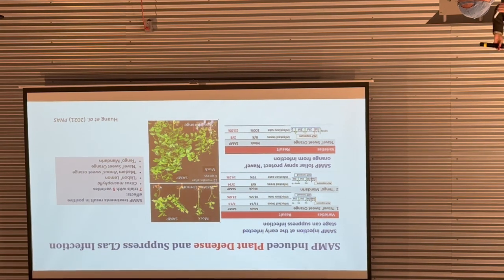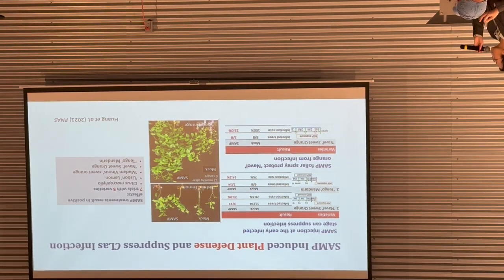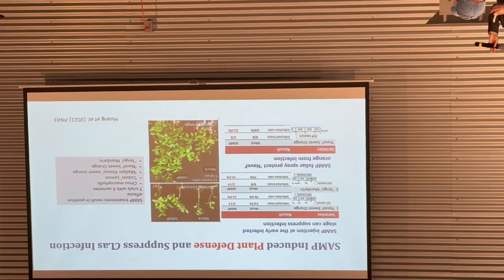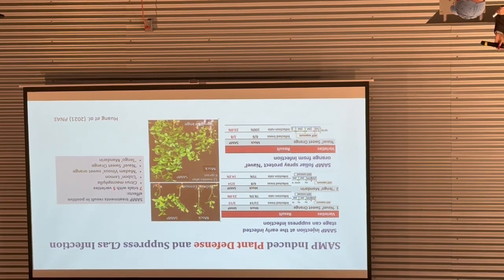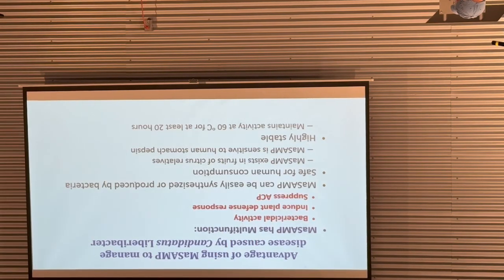We have run multiple trials with different citrus varieties, and we all got pretty positive results that the peptide can suppress the symptoms that the bacteria produce, and also prevent infections. But these results are from the greenhouse. We still need to see how it works in the field.